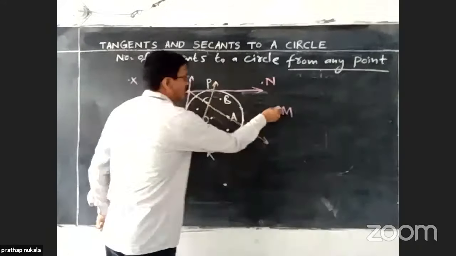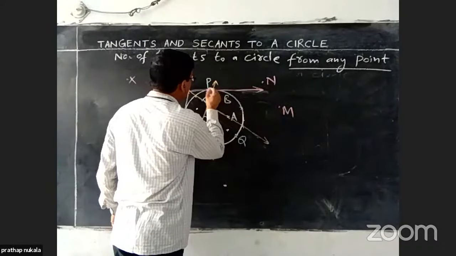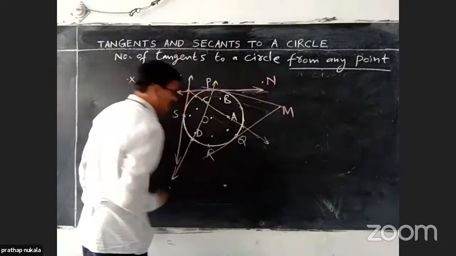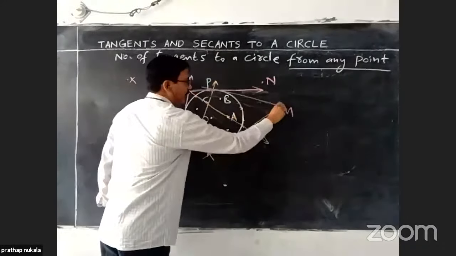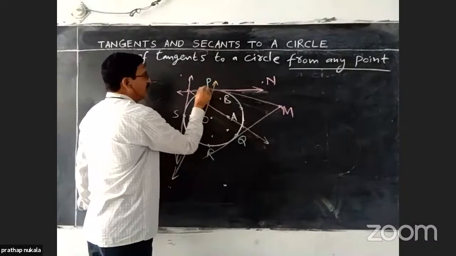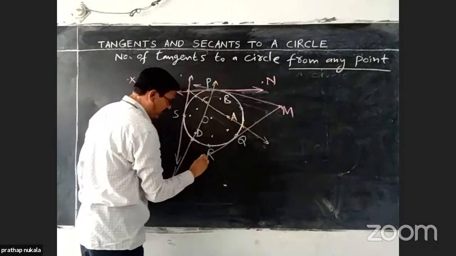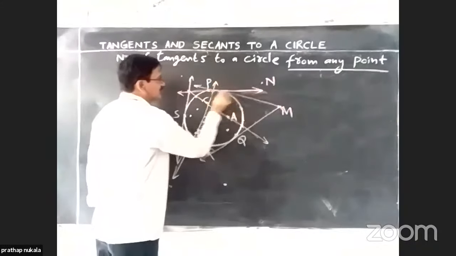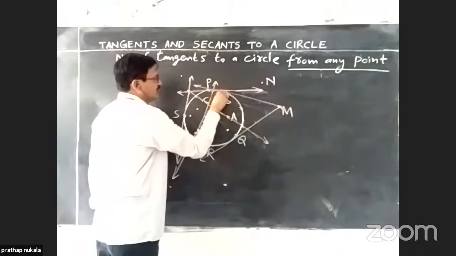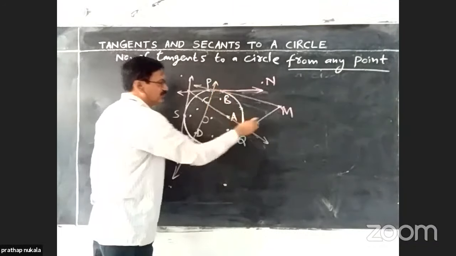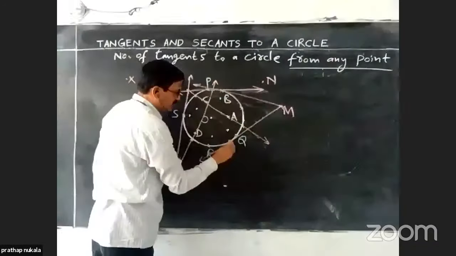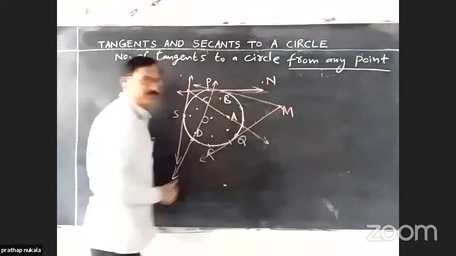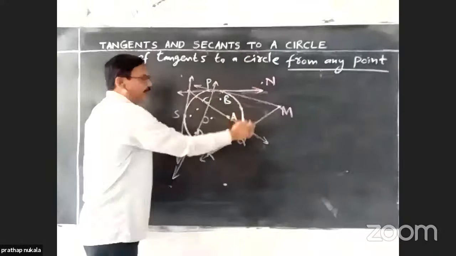Okay, your guess is correct. From the point M, we can draw like this. This is a tangent, touching the circle at this point. Same, also touching this circle here. From outside point M, we can draw a pair of tangents.